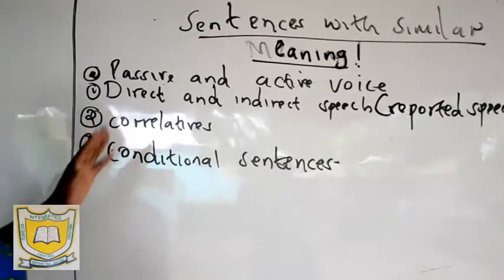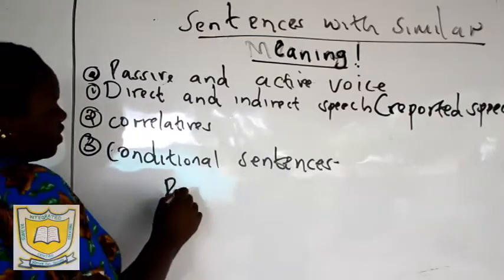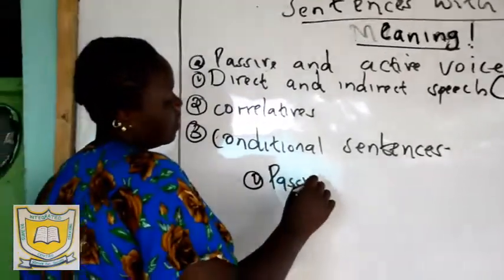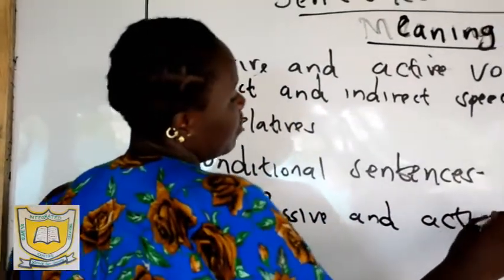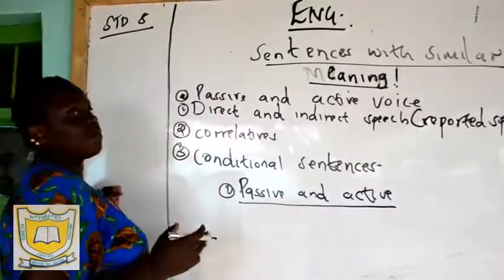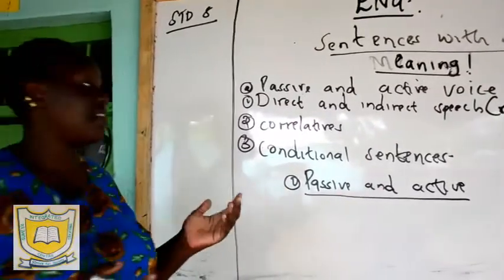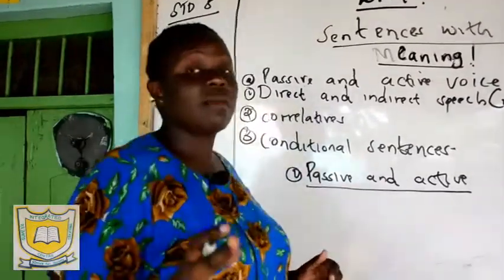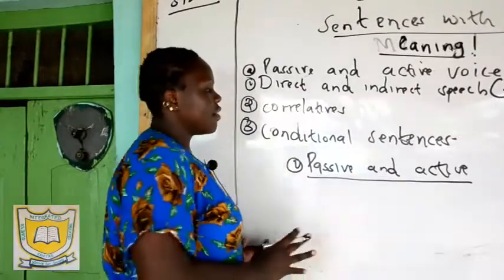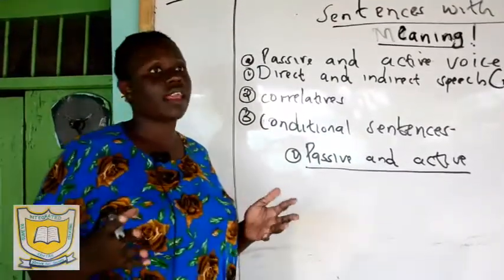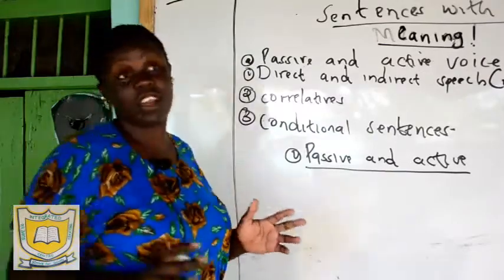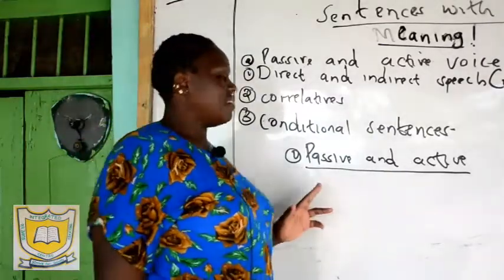Now, when we talk of passive and active voice, how you change from the active to passive voice, or from the passive to active voice, entirely depends on tenses. And we've talked of passive and active voice in maybe two or three of our lessons. Now, what does that mean?